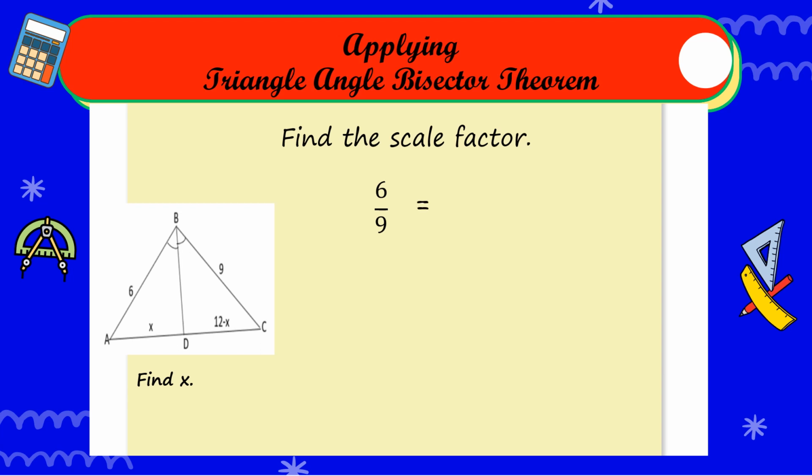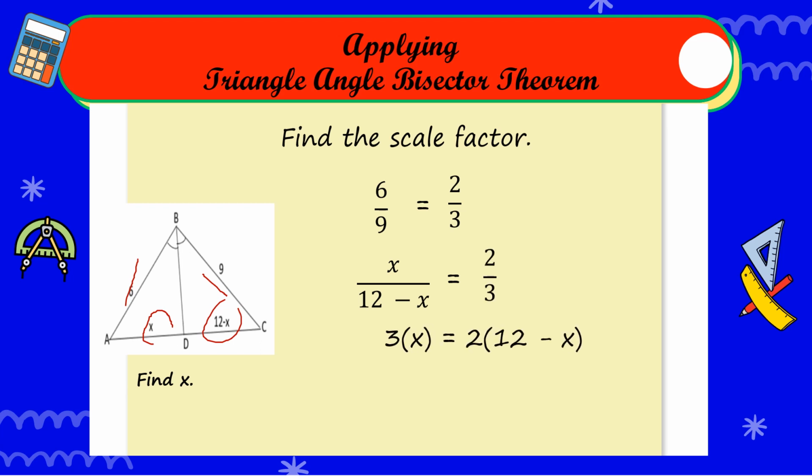So 6 over 9 is reducible to 2/3. And then since 6 atong gamit, so we will have x which is adjacent to 6 and over 12 minus x which is adjacent to 9. So we will have x over 12 minus x is equal to 2/3.